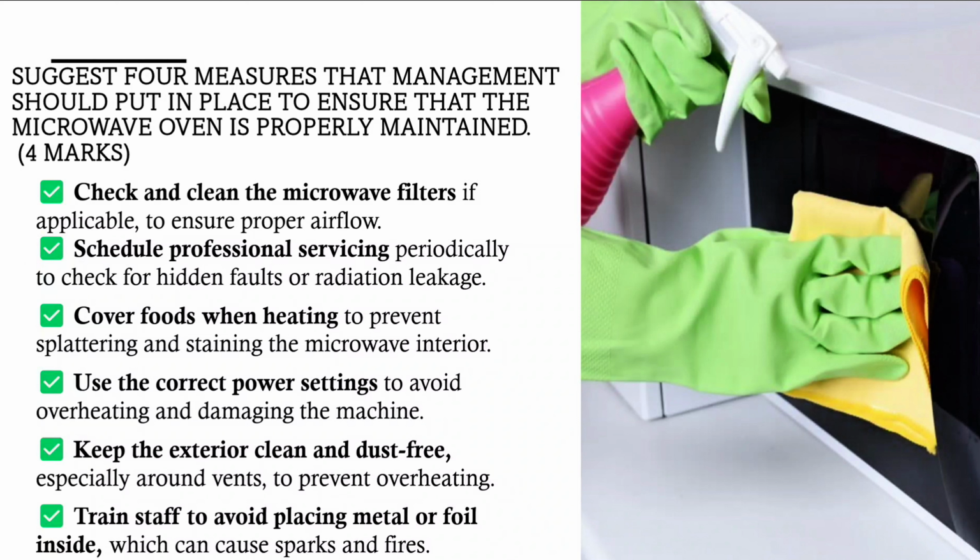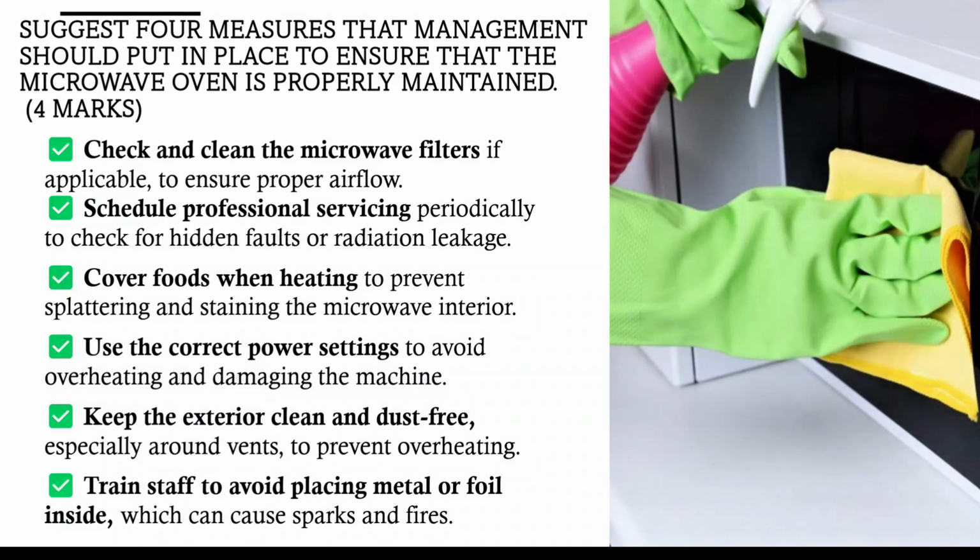Next part, suggest 4 measures that management should put in place to ensure that the microwave oven is properly maintained, and this is worth 4 marks. 1, check and clean the microwave filters if applicable to ensure proper airflow. 2, schedule professional servicing periodically to check for hidden faults or radiation leakage. 3, cover foods when heating to prevent splattering and staining the microwave interior.